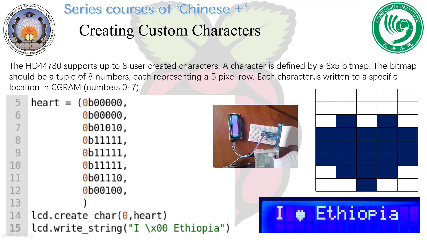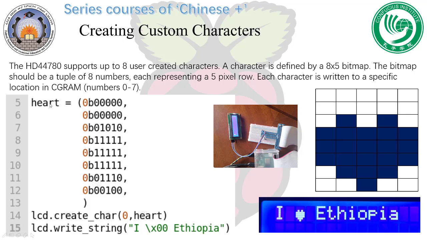A character is defined by an 8 by 5 bitmap. For example, here you see it's 8 by 5 pixels, and if you want to create the heart, for example, I create this shape, and when you want to input it in the LCD, you can base it on this bitmap and make the encoding.